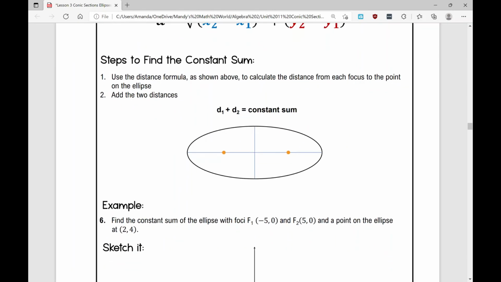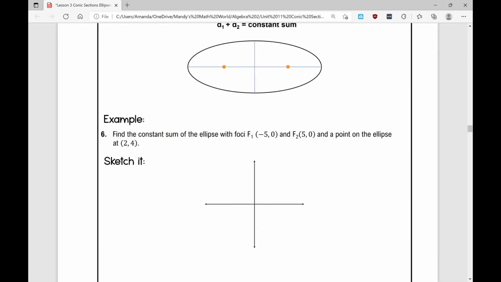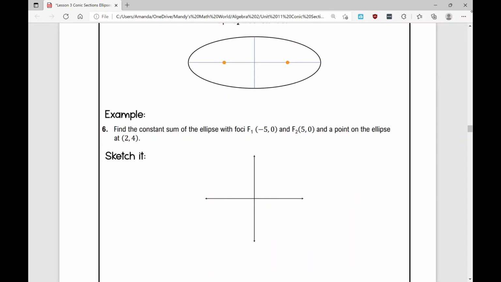We've just got one example on here. It says to find the constant sum of the ellipse with foci f sub 1 at (-5, 0) and f sub 2 at (5, 0), and a point on the ellipse at (2, 4). Let's draw a little sketch so you can picture this.